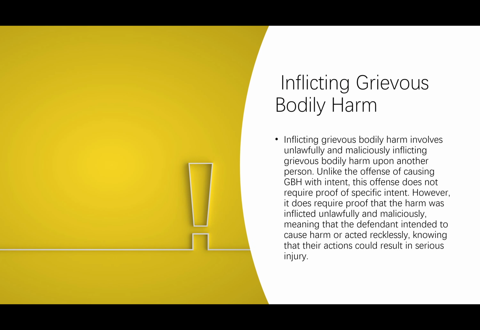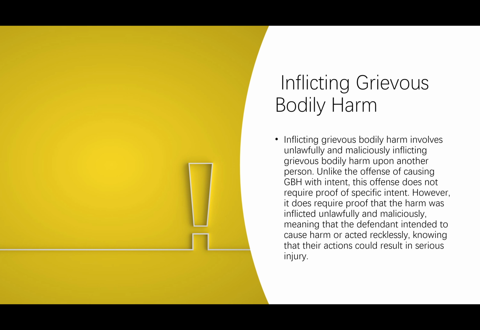We also have inflicting grievous bodily harm, specifically. So this speaks to the specific intent of providing this. It's talking about grievous bodily harm, but with the proof of specific intent to harm another to this extent.